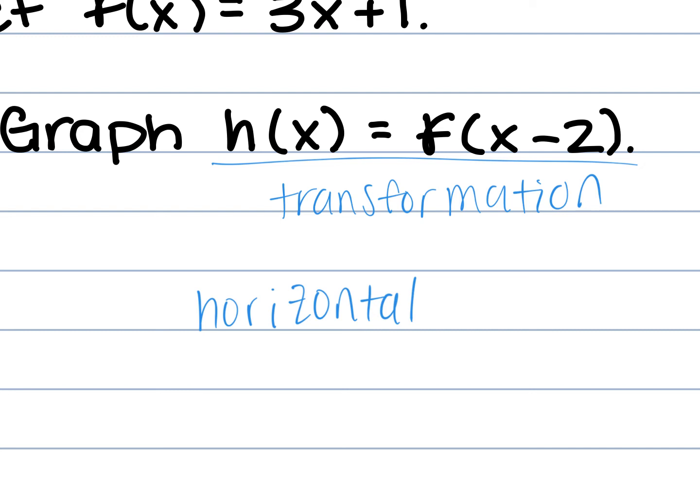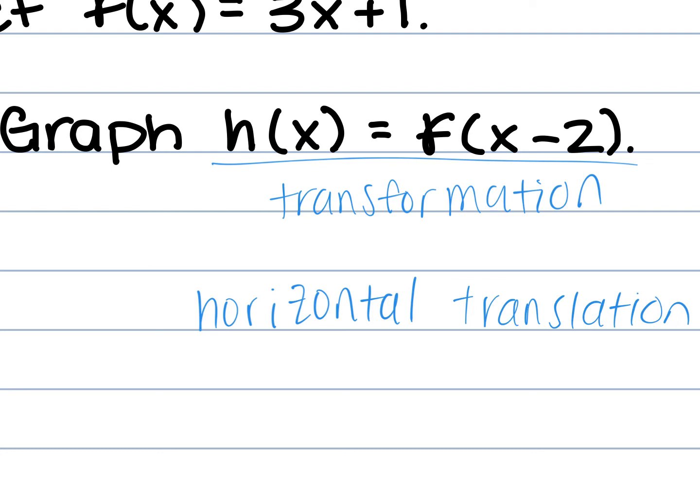It's the translation. Good. Why? Because it's adding or subtracting. Good. And what's the last one? The last one is how much we're moving it and where. 2 units to the left.